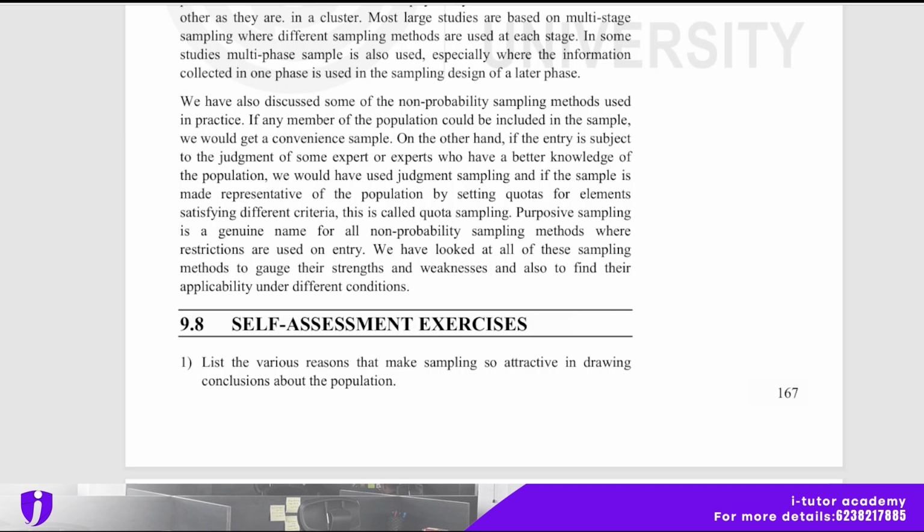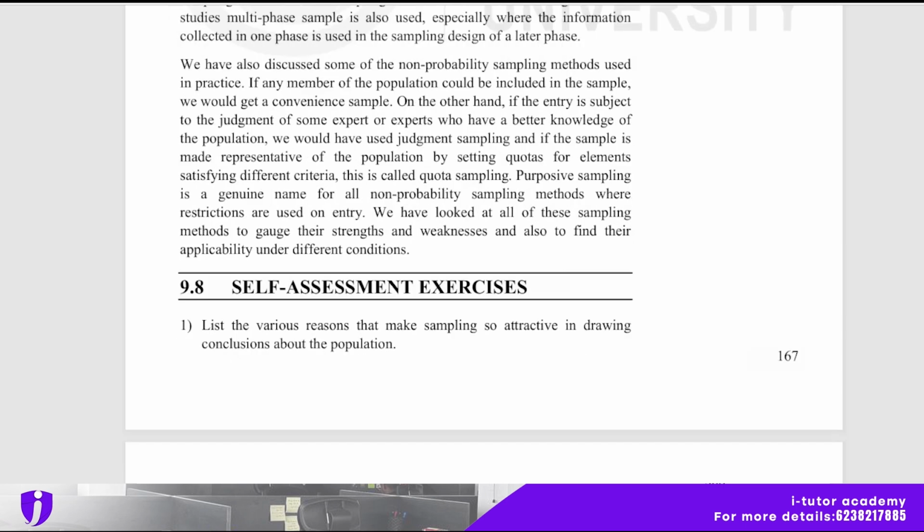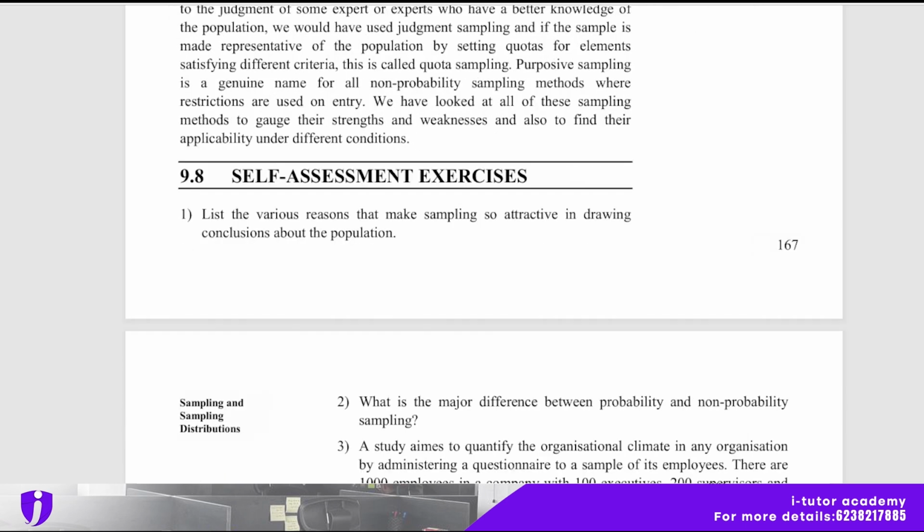And if the sample is made representative of the population by setting quotas for elements satisfying different criteria, this is called quota sampling. Purposive sampling is a generic name for all non-probability sampling methods where restrictions are used on entry. We have looked at all of these sampling methods to gauge their strengths and weaknesses and also to find their applicability under different conditions. So here are self-assessment questions also.